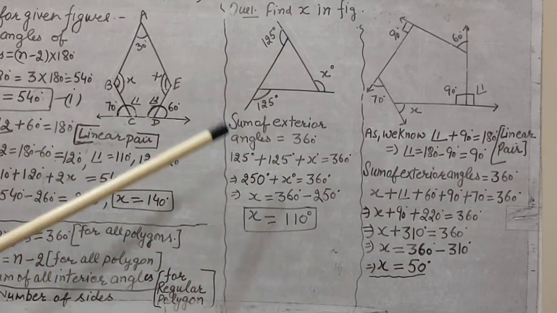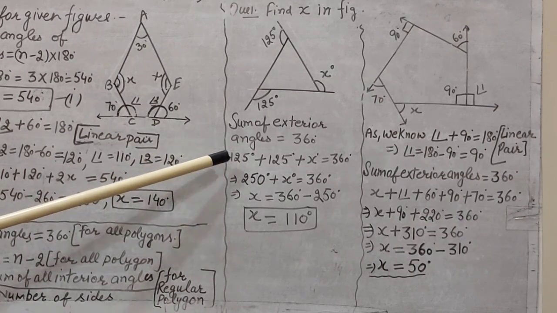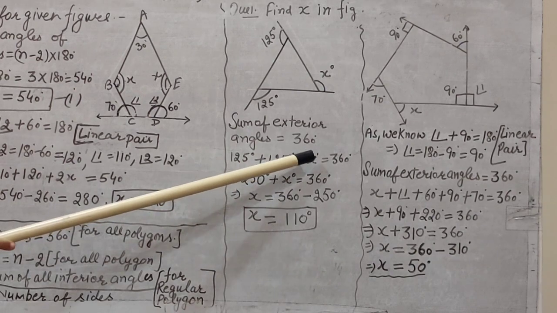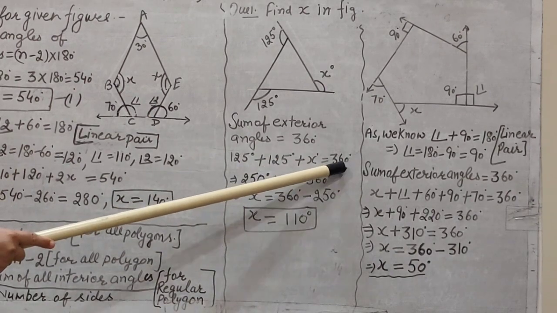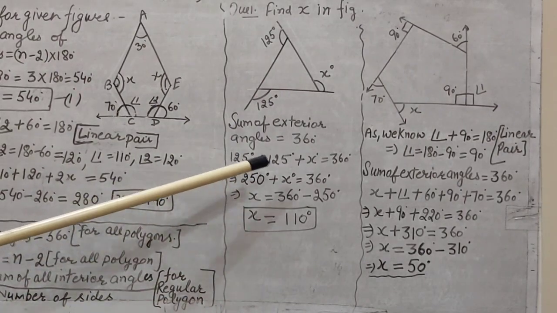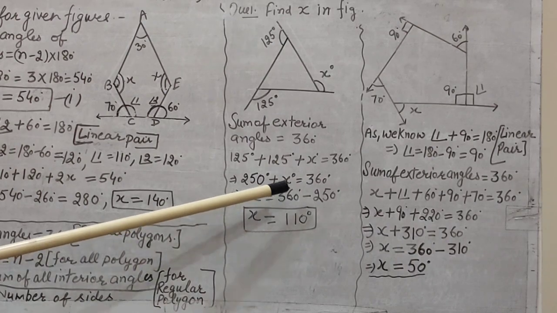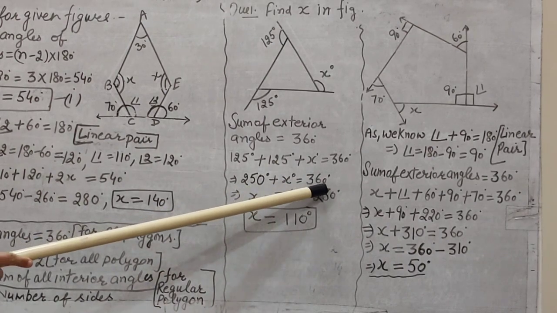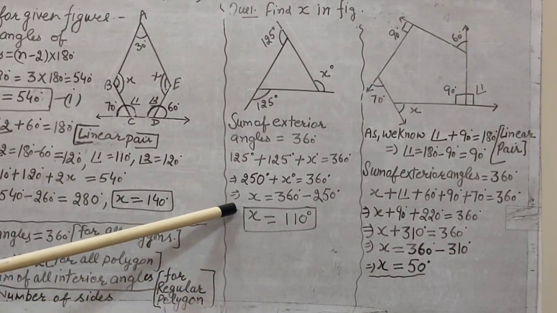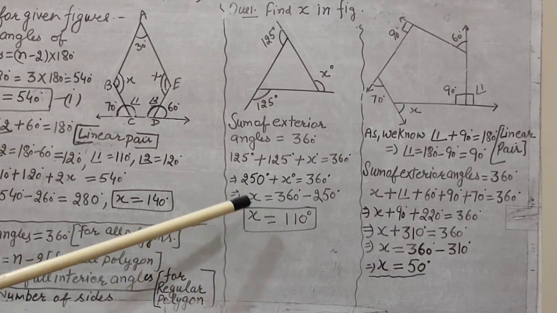So the sum of exterior angles means we have to add all the exterior angles. That is, 125 plus 125 plus x is equal to 360 degrees. In this equation, 125 plus 125 is equal to 250 degrees, plus x is equal to 360 degrees. Now, x is an angle, you can write degree or not, it is not important that you must write.